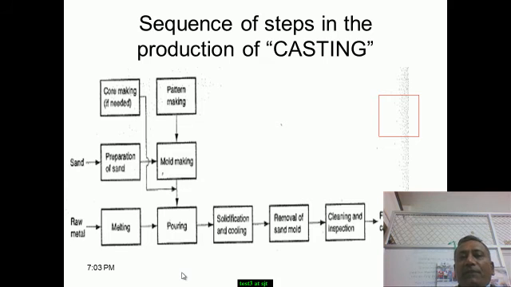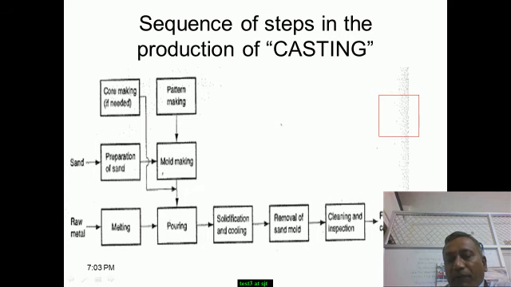There is a sequence of steps in the production of castings. Whether it's metal casting technology or electrical circuits, whatever the case, it's a good idea to go directly to the final product. This is the final casting.